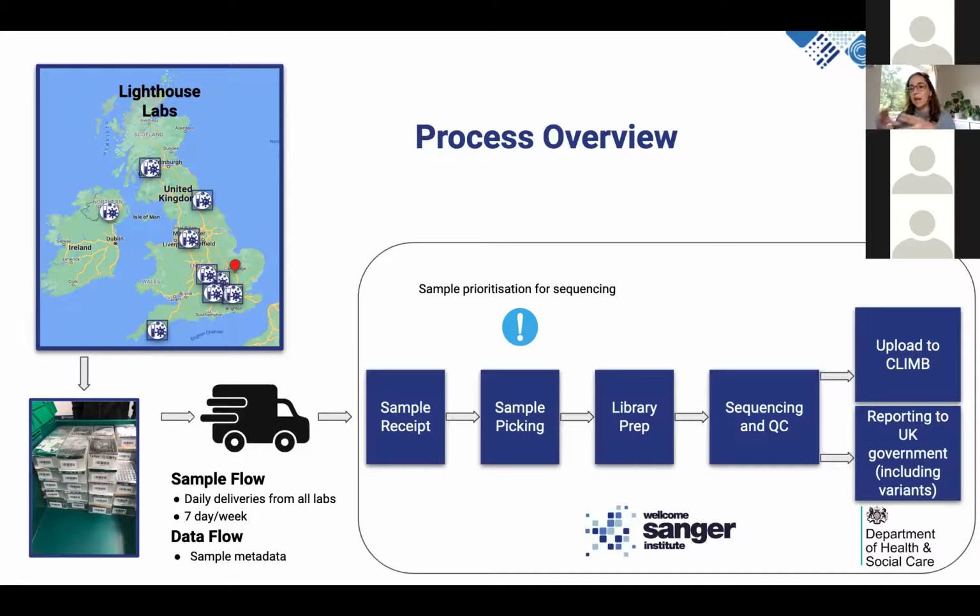When the samples arrive, there is also some data related to the samples. We receive them and process them, and what is really important, and I want to discuss it a little more later, is that when we receive the samples at Sanger, there is a checkpoint, a decision we can make on whether we want to sequence that sample or not. That is because we may want to prioritize some samples.